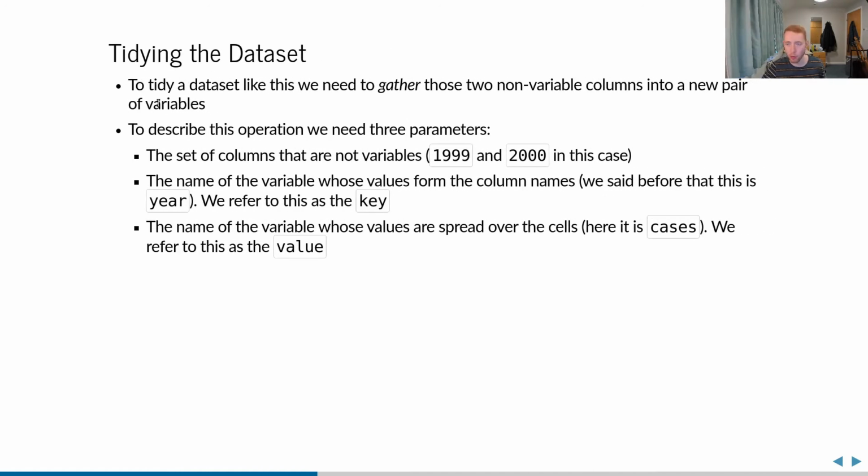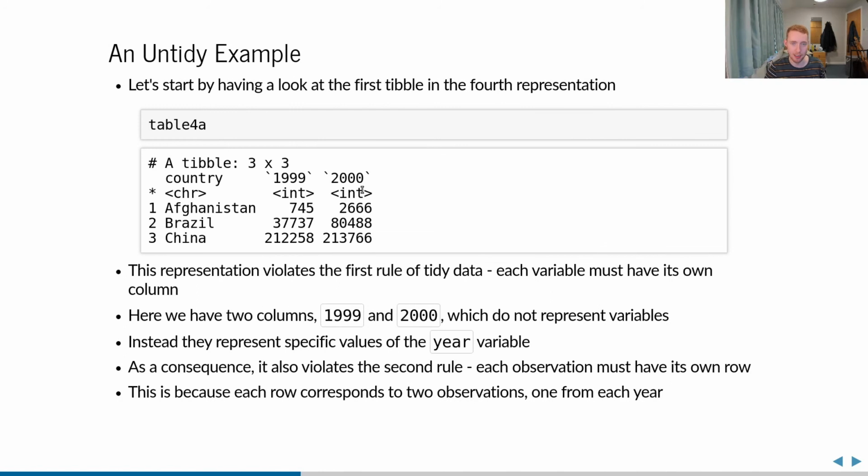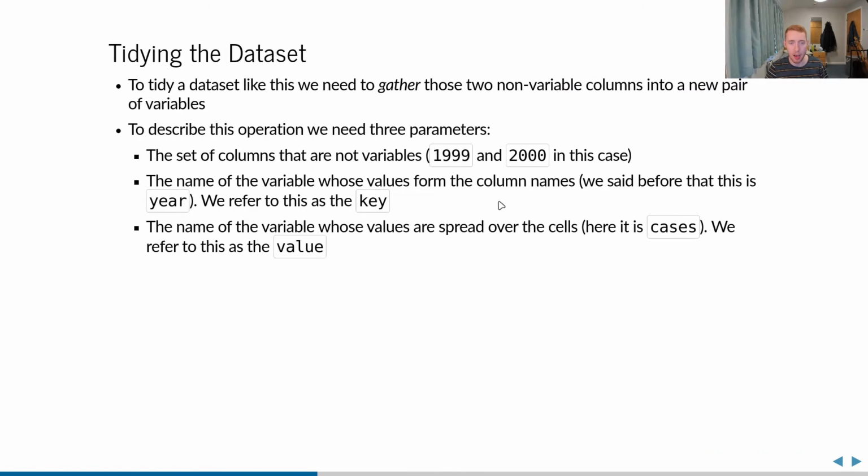If you want to describe this operation, we're going to need to specify a few details. The first is what columns we want to gather together. In this case, it's the columns 1999 and 2000. We want to gather all those together. Then we're going to gather these together into two columns.